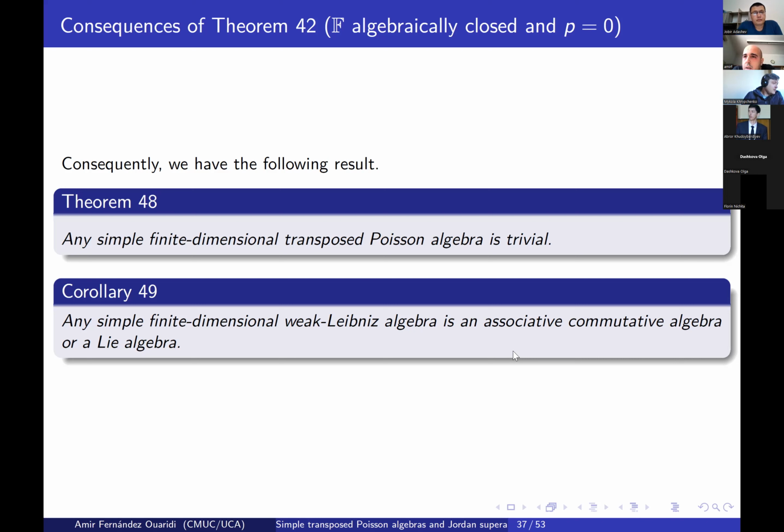I mean, commutative and anti-commutative is the same, and associative implies Lie. But okay, the characteristic is 0 here, so it's not the case. Yeah, so only the trivial algebra.